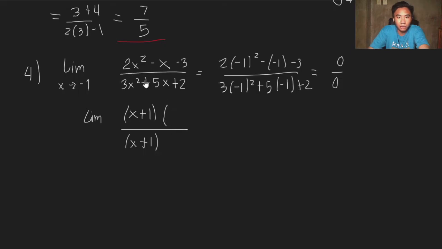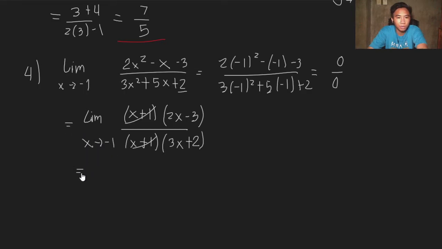So, factor out, sulat lang natin si 2x sa taas. And then, para mabuo itong negative 3 times to negative 3. And then, dito din, 3x. Para mabuo itong positive 2, multiply lang natin ito, plus 2. So, cancel as x approaches to negative 1.